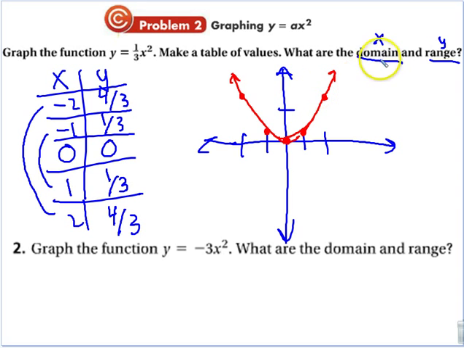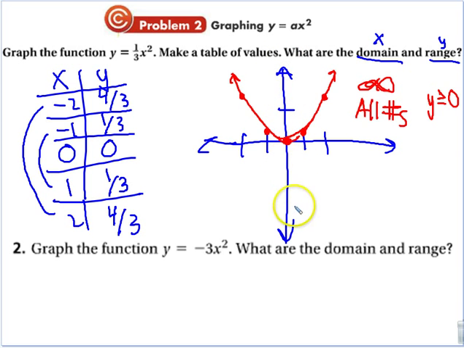Now the domain are the x values. You notice how the arrows will continue going in this direction. So the domain are all numbers. But the range has to be bigger than or equal to 0. See how this is the lowest y value? Every other value has to be up.